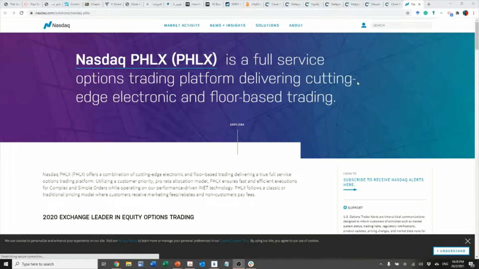The major market that trades options on foreign currencies is the Philadelphia Stock Exchange, which was acquired by NASDAQ in 2007. So the Philadelphia Exchange specializes in, and one of the major products that they offer is, options on foreign currencies.